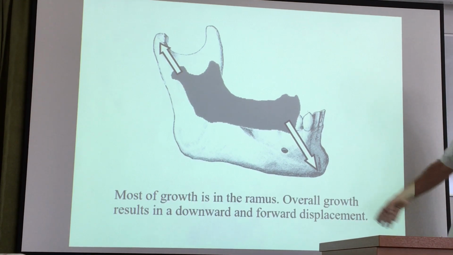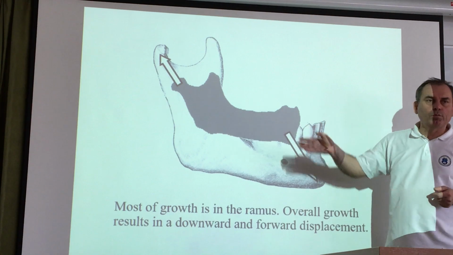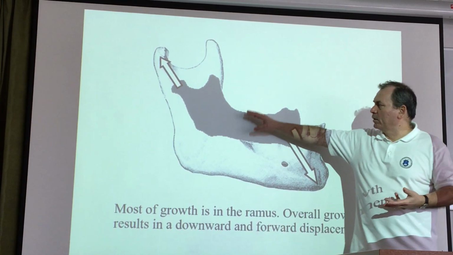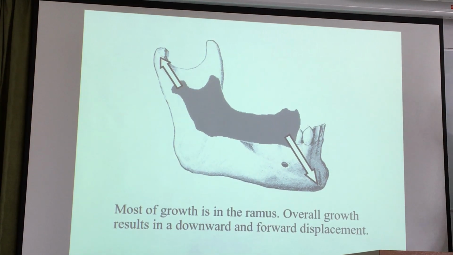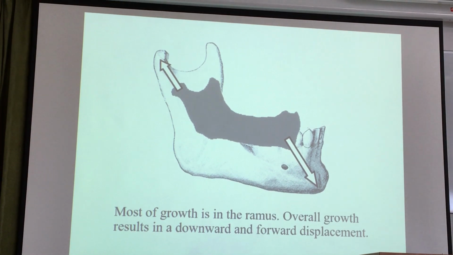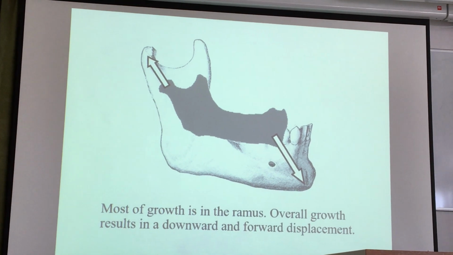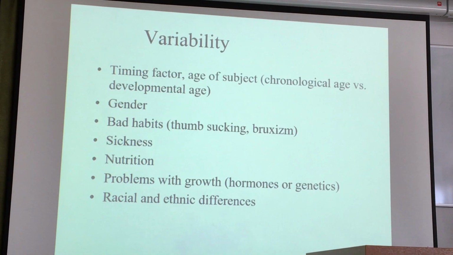You can see here the direction of the mandible again, and the whole mandibular structure is changed, of course, and even the position of the alveolar process and the teeth and the mandibular foramen is changed. The whole structure of the mandible is remodeled during growing.